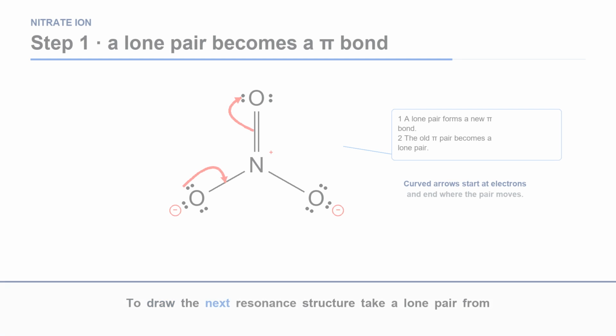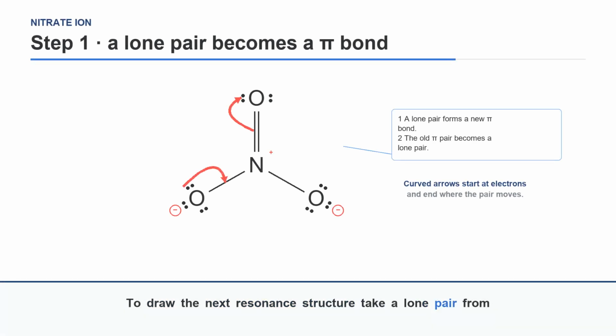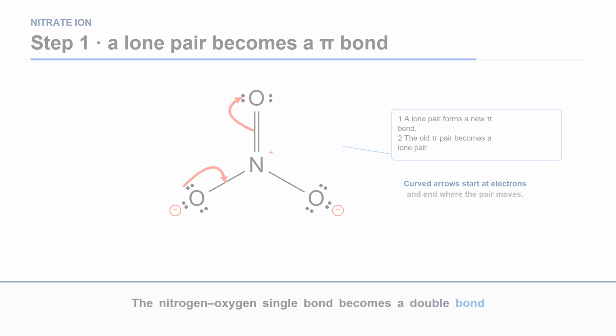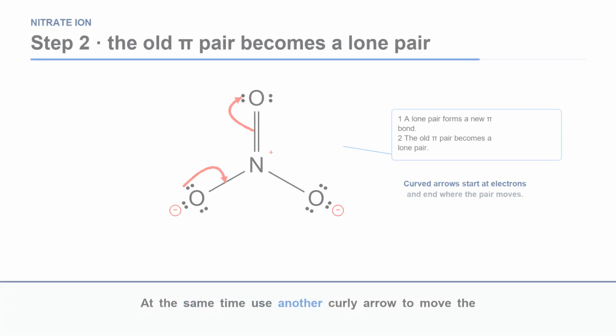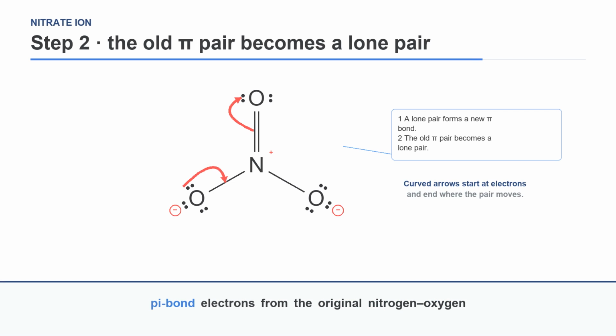To draw the next resonance structure, take a lone pair from one of the negatively charged oxygen atoms. Use a curly arrow to move this lone pair toward the nitrogen-oxygen single bond. The lone pair forms a new pi bond. The nitrogen-oxygen single bond becomes a double bond. At the same time, use another curly arrow to move the pi bond electrons from the original nitrogen-oxygen double bond onto the oxygen atom.